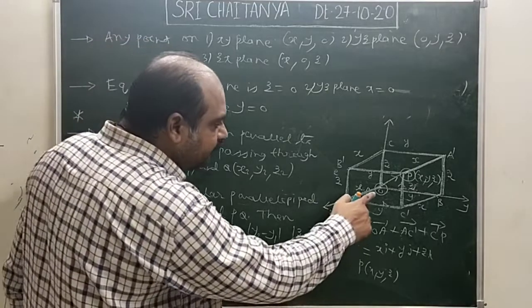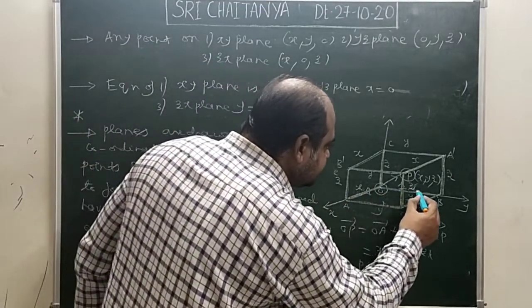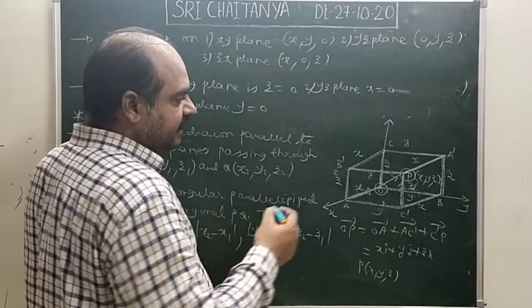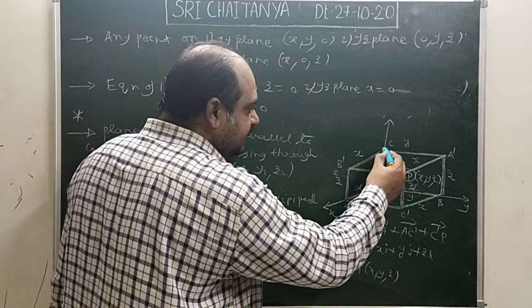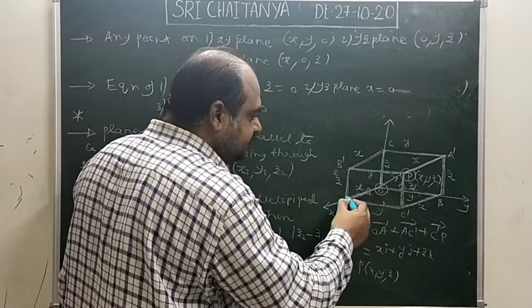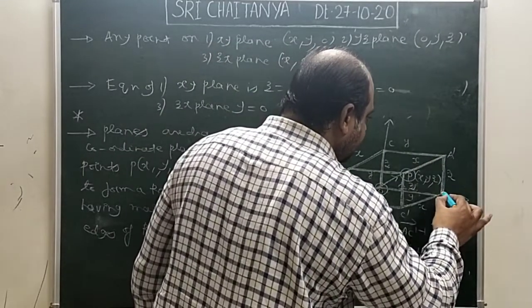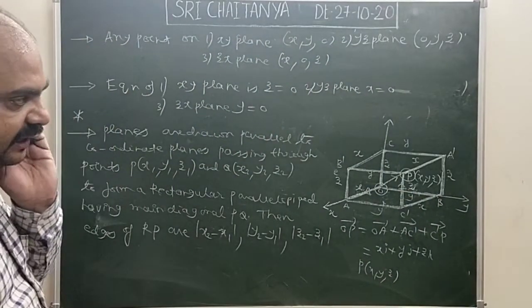Drawn through O and P means, look at it, this face will pass through the origin, this ground face will pass through the origin, and this face will pass through the origin, right? These three faces are drawn passing through the origin.